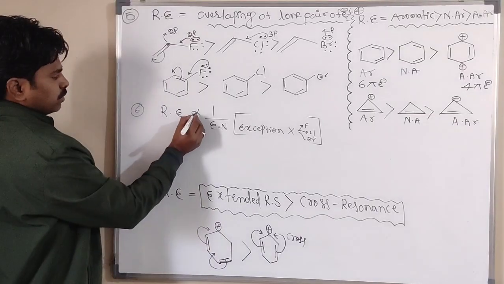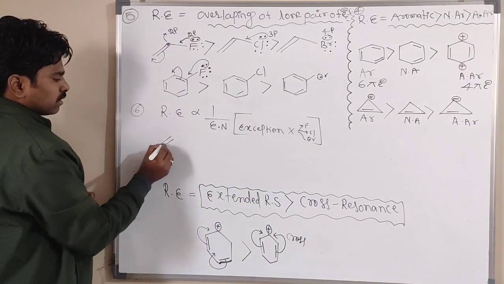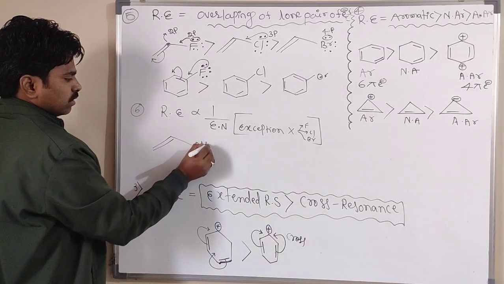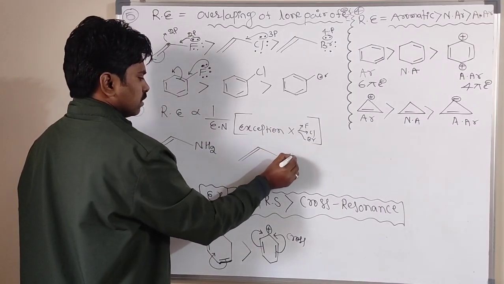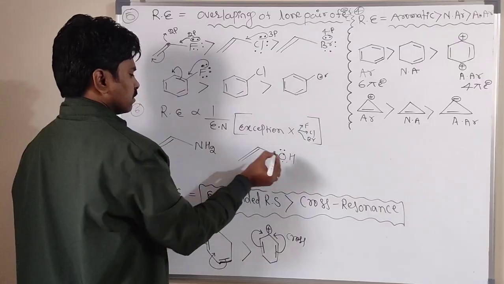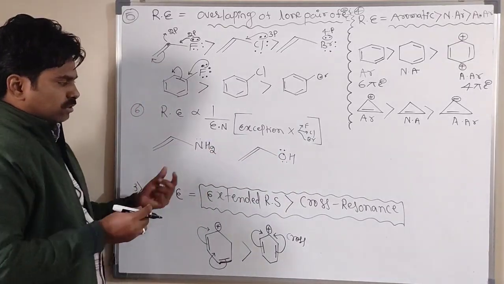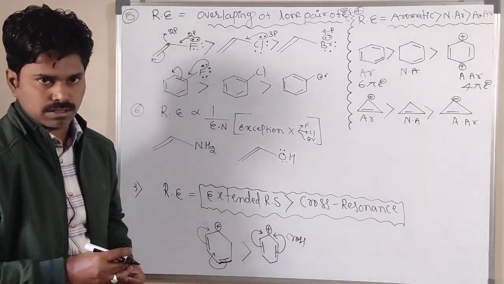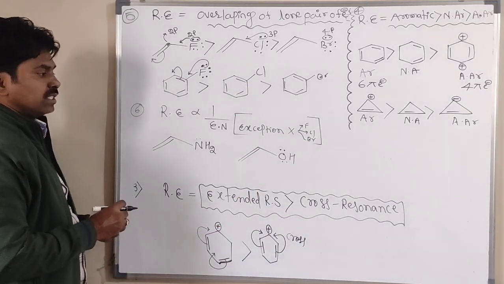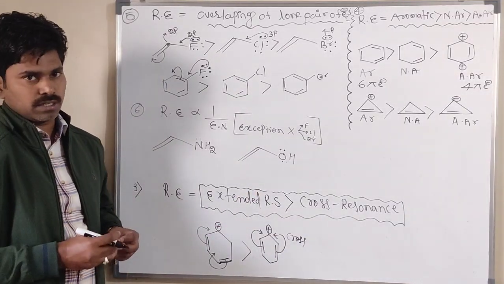So I will give an example. There is a double bond with nitrogen, and here is also a double bond with oxygen. Nitrogen also has a lone pair of electrons and oxygen also has a lone pair of electrons. But which easily donates its lone pair of electrons?